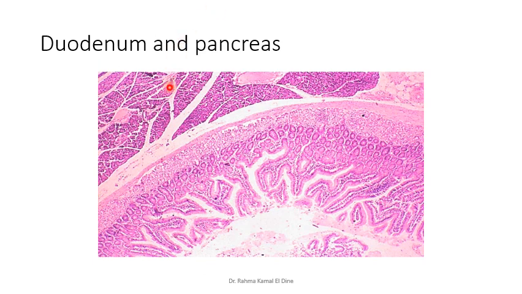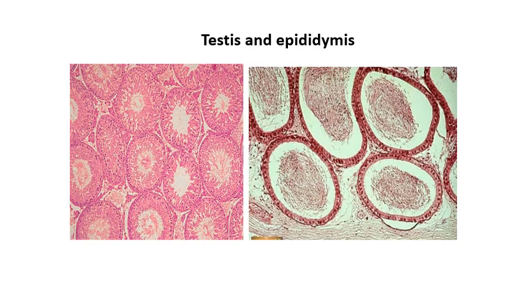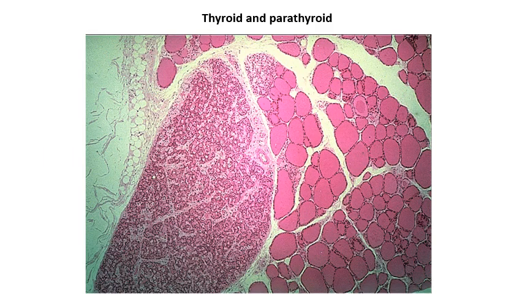Here is the duodenum and pancreas, testis and the epididymis. The testis appears like this, and the epididymis appears like this. Here is the thyroid, and this is the parathyroid.